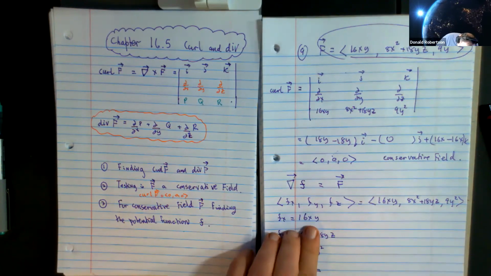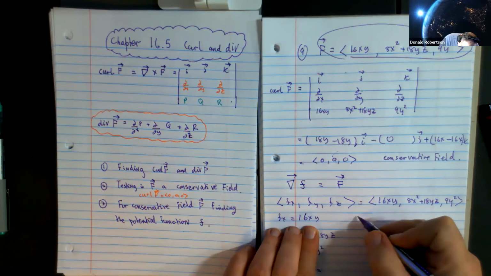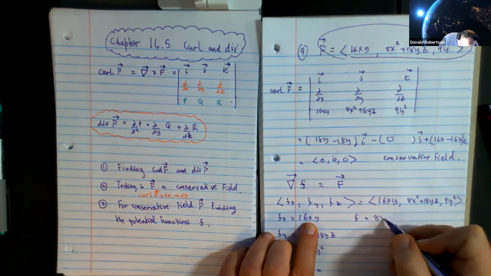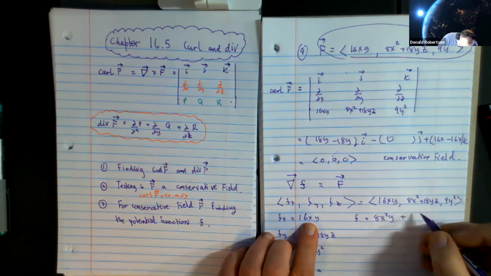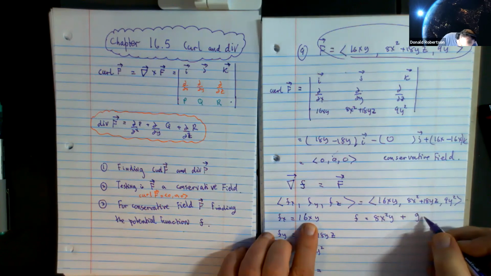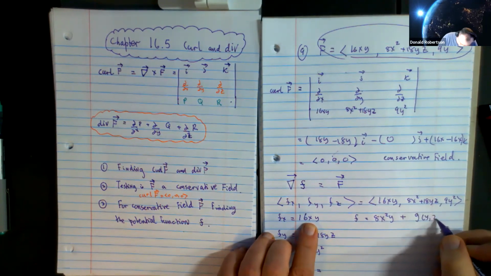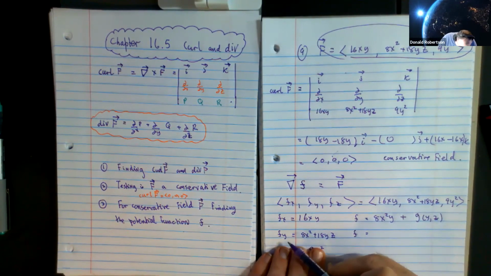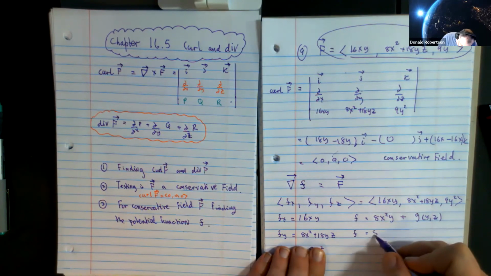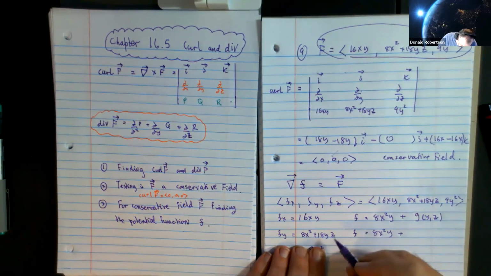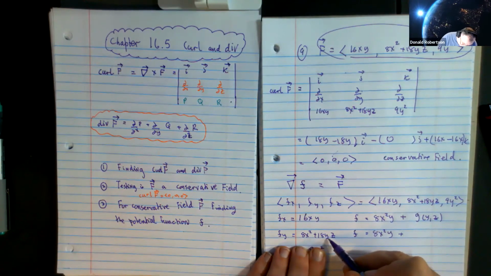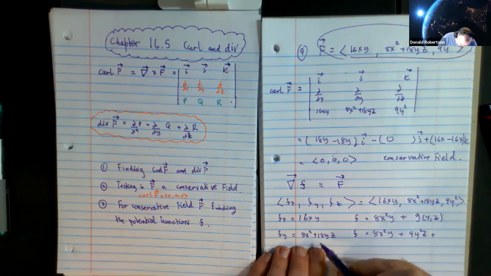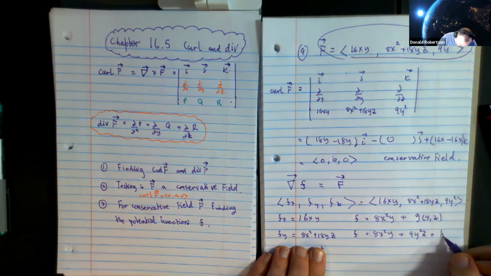So in this question, if you integrate with respect to x, you get a power rule. So you get x squared and you get that fella, plus an arbitrary constant that doesn't have an x in it. Then you go to the second one and you integrate it, this time with respect to y. So this guy gets you 8x squared y, and this guy gets you also a power rule, and 9y squared z, plus an arbitrary constant that doesn't have a y in it.